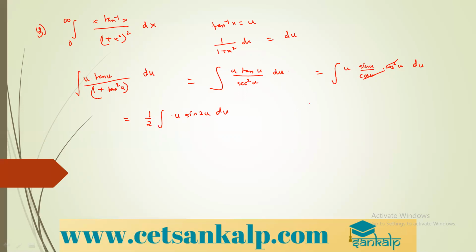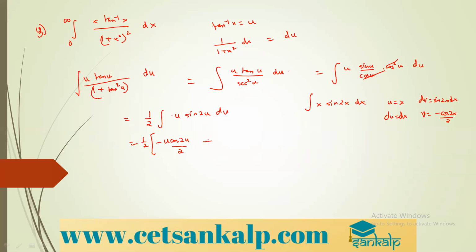Here you can use integration by parts. If you have x sine 2x dx, how will you integrate? You will take u as x and dv as sine 2x dx. So du will be dx and v will be minus cos 2x by 2. So the integral of this will be uv, that is minus u cos 2u by 2.